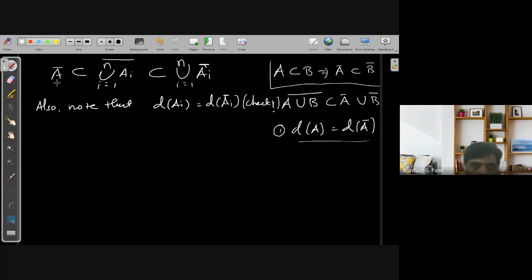So I can say that A is covered by a finite number of A_i closures whose diameter is less than epsilon. Therefore A closure is totally bounded. So the closure of a set is totally bounded.